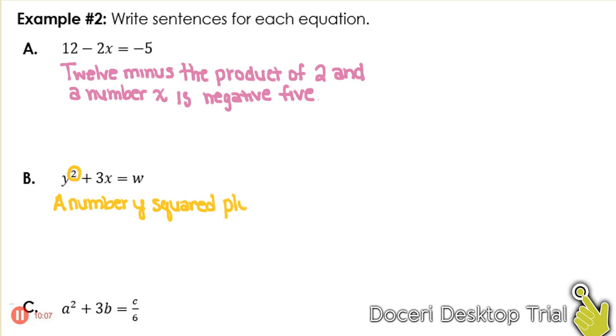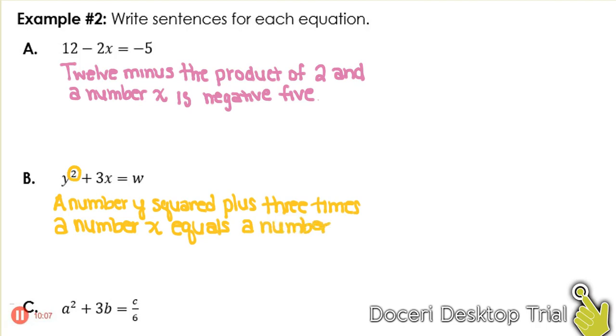Plus, and then we're adding that to 3 times a number x. You could say equals, the same as, it's equal to a number w.